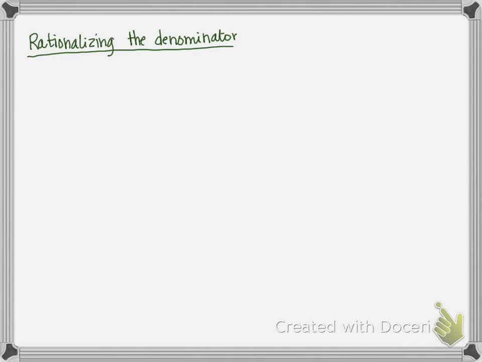So the simple case is when we have just one term in the denominator, so there's no multiplication, no addition or subtraction in the denominator. And the idea here is that if I have something like this, well, in order to simplify, I'd rewrite this as the square root of 7 over the square root of 3, but neither of those can be simplified. So this is fully simplified at this point.